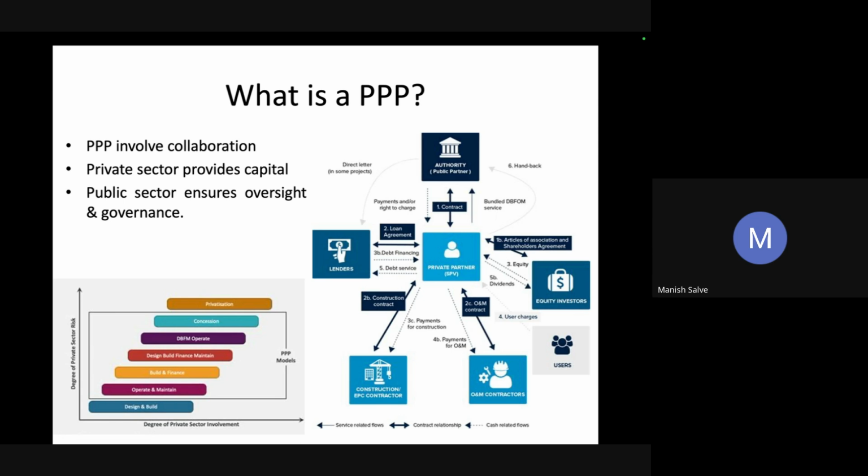Because, sir, in Maharashtra, the Mumbai-Pune Expressway is constructed on PPP mode. Currently the toll revenue and maintenance go to the private sector.